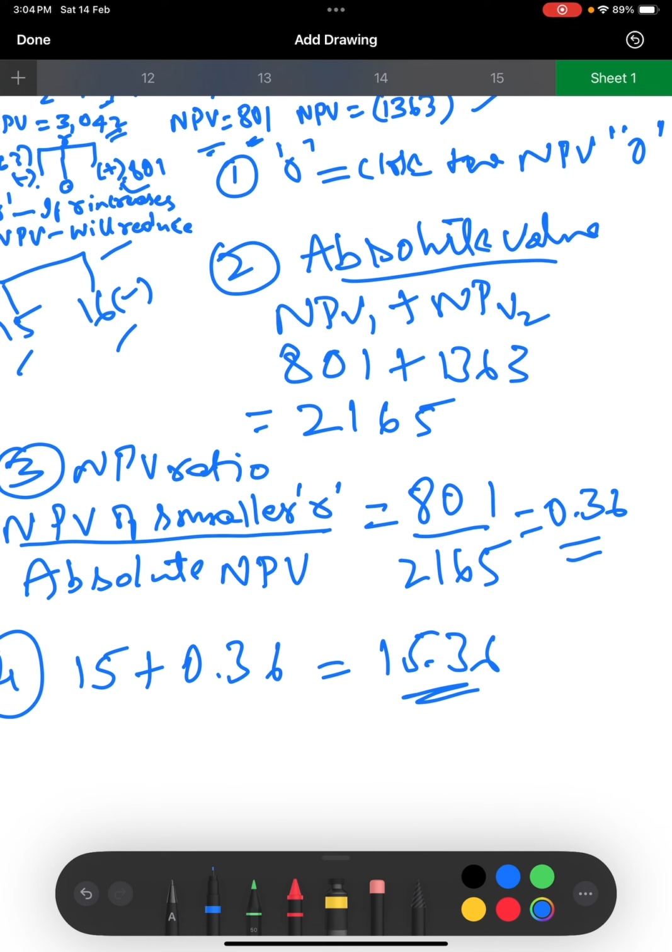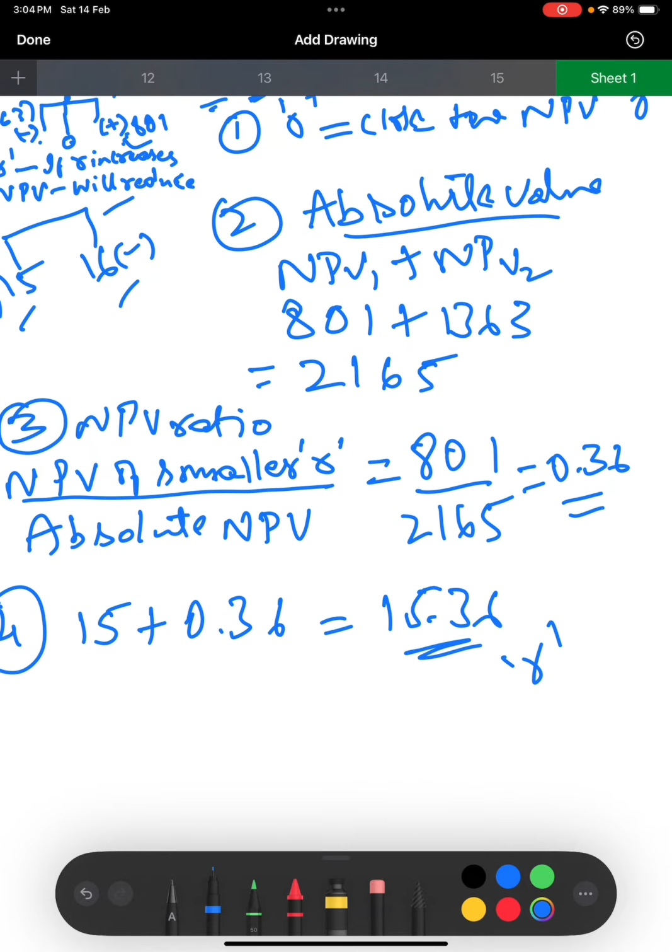You can take 15.36 as R and then check what the NPV value is. It should be as close to 0 as possible. In most cases you will not get exactly 0. Possibly it will be something like 8, 9, 4 or something like -1. But it's as close as possible.